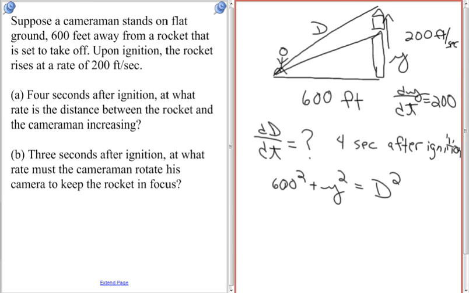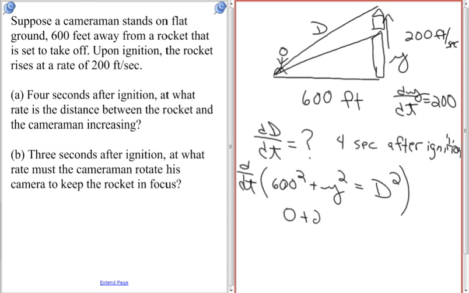But the question is actually about the derivative. So we will now take the derivative of this relationship with respect to t, with respect to time. Taking the derivative of both sides, 600 squared is just a constant, so the derivative is 0.